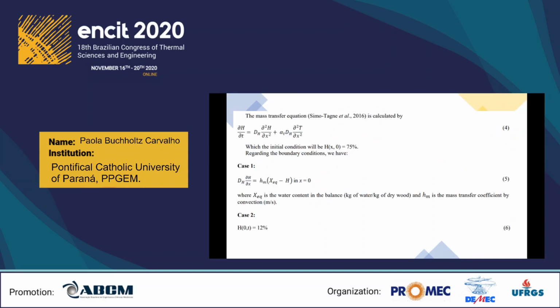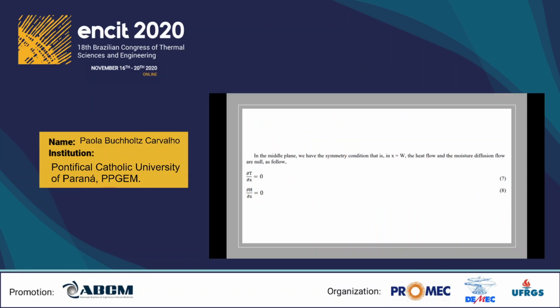In the same way, equation 4 represents the mass transfer, and equation 5 the border condition for case 1, and equation 6 the border condition of case 2, in which the initial condition will be 75%.